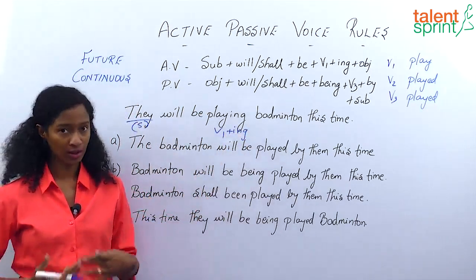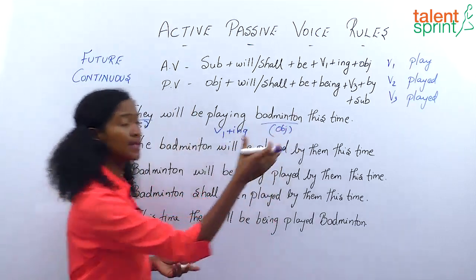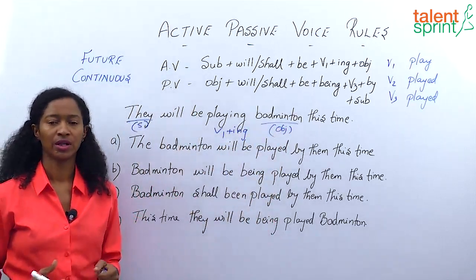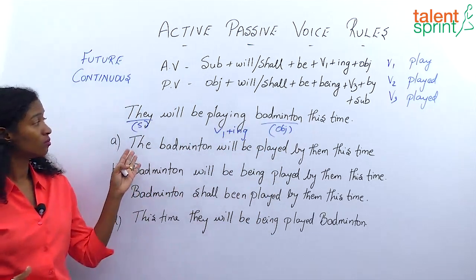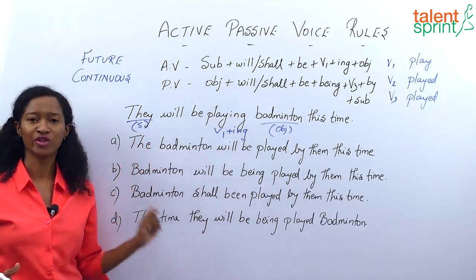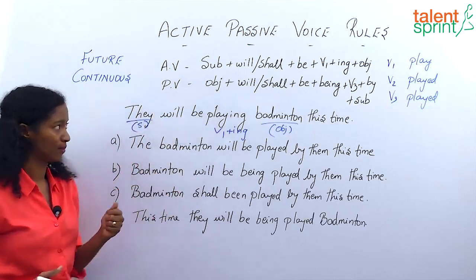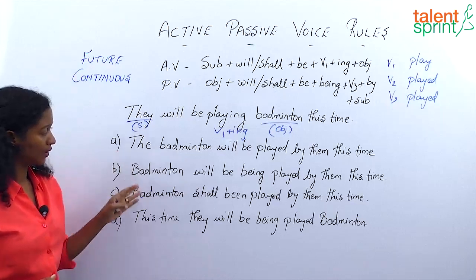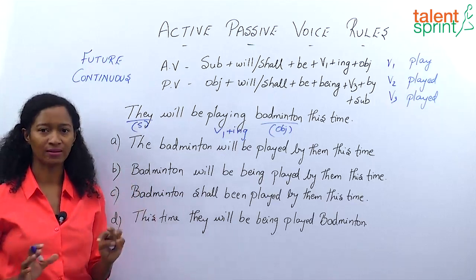They will be playing what? The object, badminton, this time. Additional information, time reference, right? So now we'll have to look at which of the options, when we convert it to a passive voice, meets this form. So I have badminton this time. Let's just go one after the other.